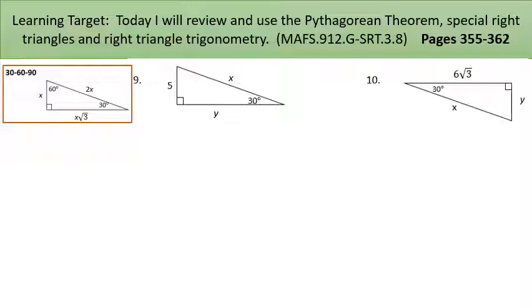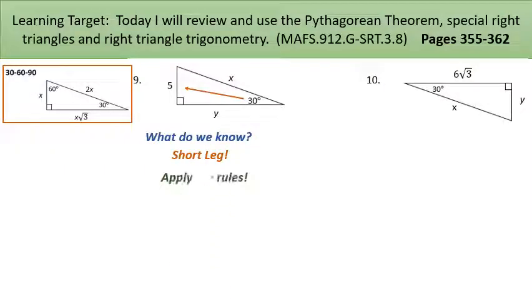Number 9. All right, what do we know? Well, we know the side that's across from the 30-degree angle. That means we know the short leg. Short leg is the key. So we apply the rules. The hypotenuse is going to equal 2 times 5. There's our hypotenuse right there.